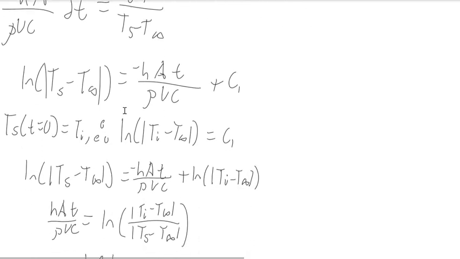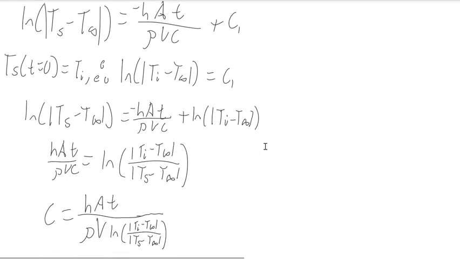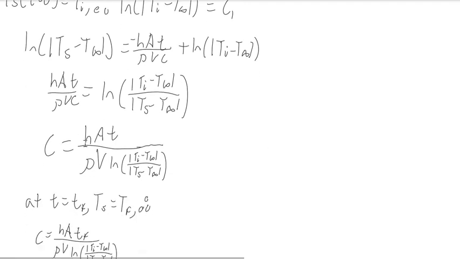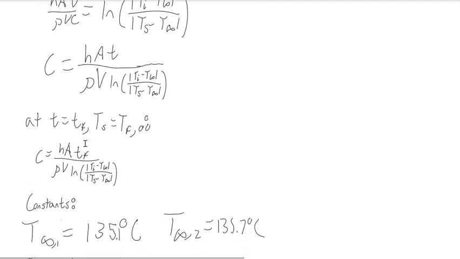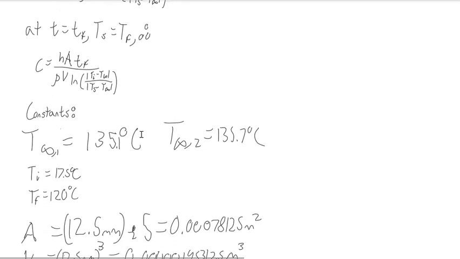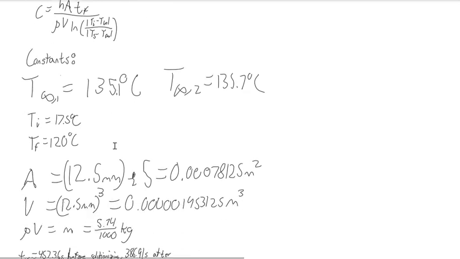And the important thing here is just seeing that at time equals 0, T_s equals T_i, the initial temperature, and so therefore you solve for your C1 through that. And from this, just manipulating the equation to get it into something to solve for C, the specific heat of my material. And yeah, just plugging your T_f, temperature final, into this equation, where this T_s should actually be just T_f.